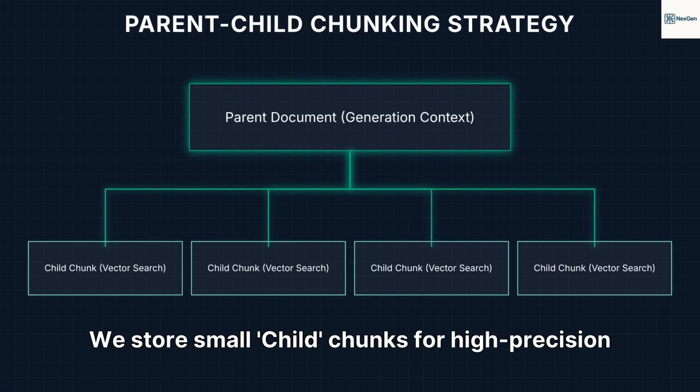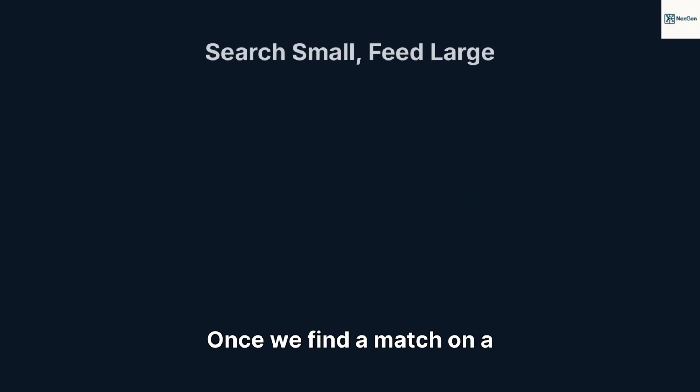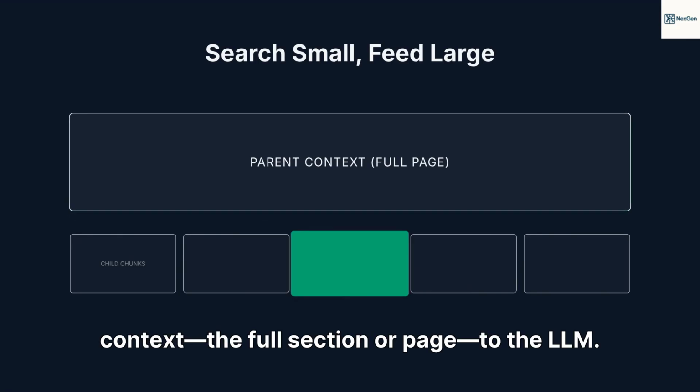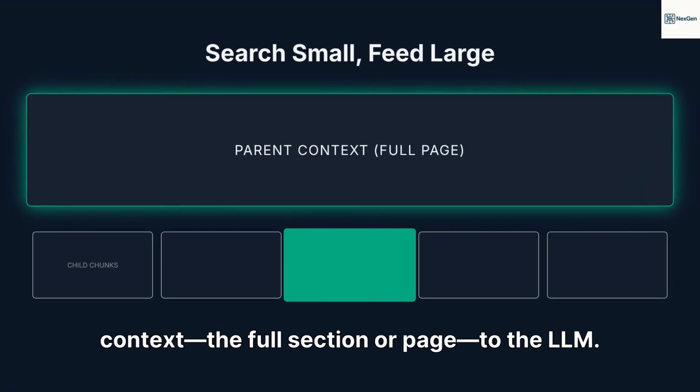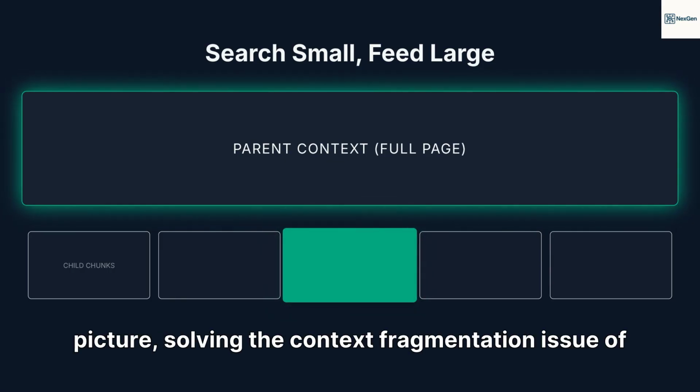We store small child chunks for high-precision vector search. Once we find a match on a child chunk, we feed the entire parent context, the full section or page, to the LLM. This ensures the model has the full picture, solving the context fragmentation issue of naive RAG.